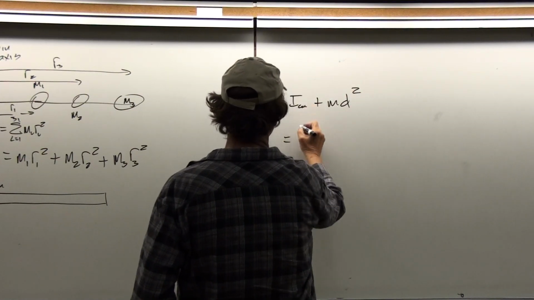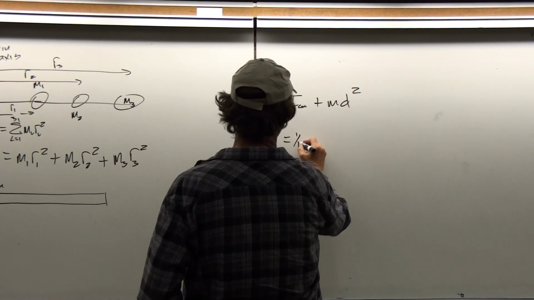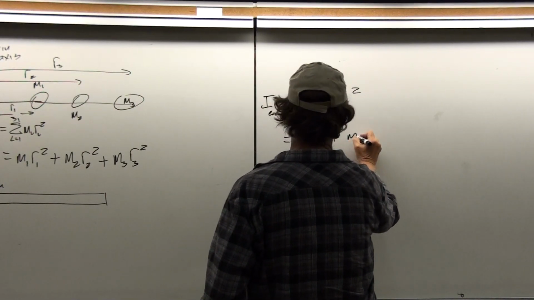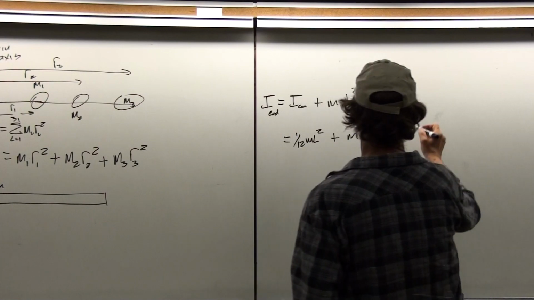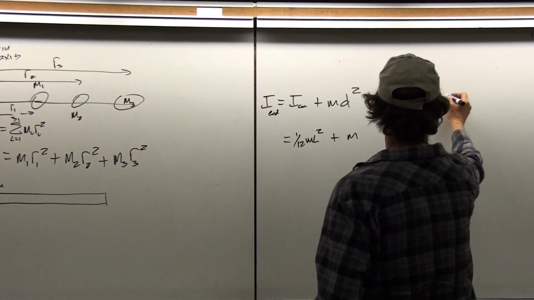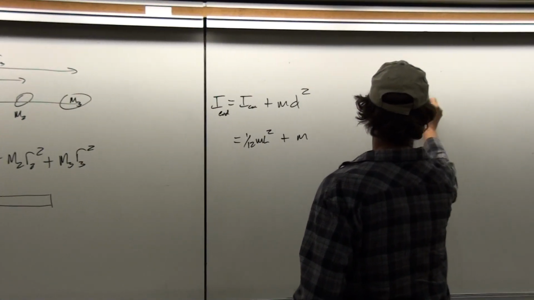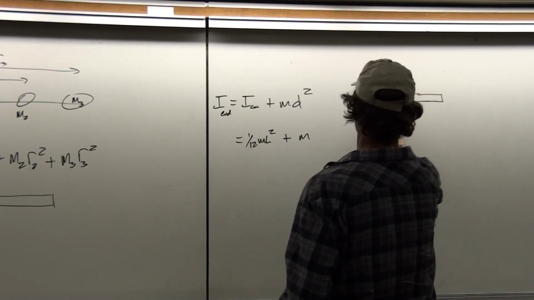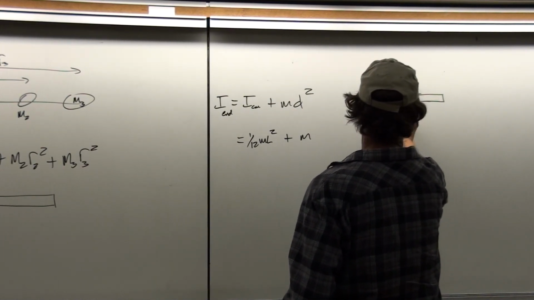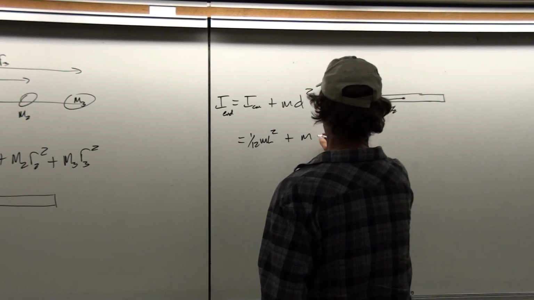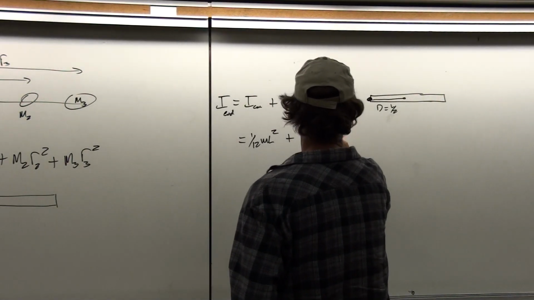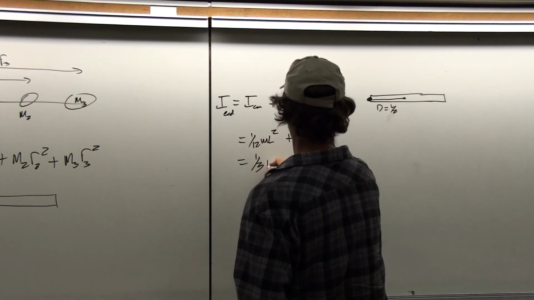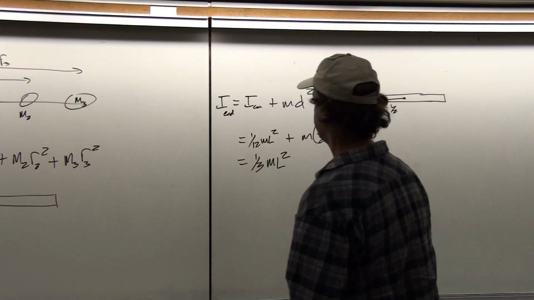So if we knew the center of mass moment of inertia, 1/12 mL squared, plus m times the distance d equals L over 2 to get to the end, that would give us 1/3 mL squared.